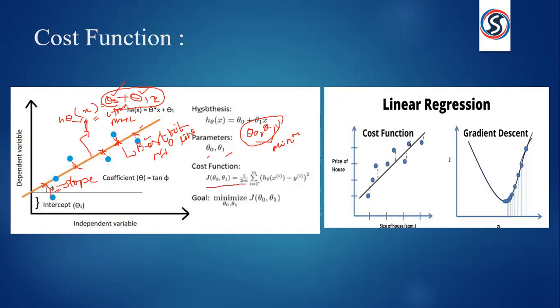Now, if I write my cost function, it looks like this: J of theta 0 comma theta 1 equals 1 by 2m summation of i equals 1 to m of h theta of x of i minus y of i, whole square. I will write it here itself so that it is easy for you to understand.